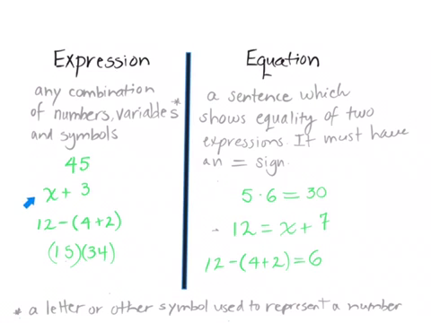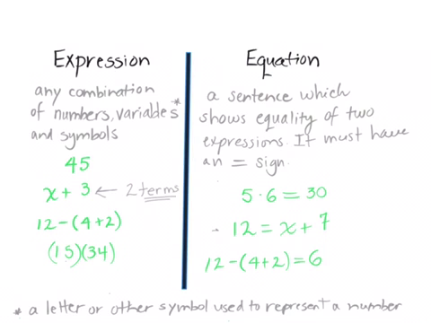This expression contains one variable and one constant, or one number, separated by an addition symbol. We say that this expression has two terms. Yet another important vocabulary word. Terms are separated by addition or subtraction.